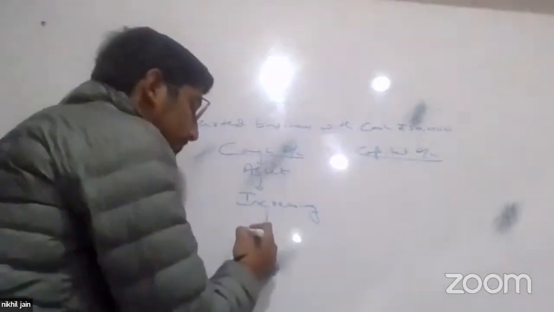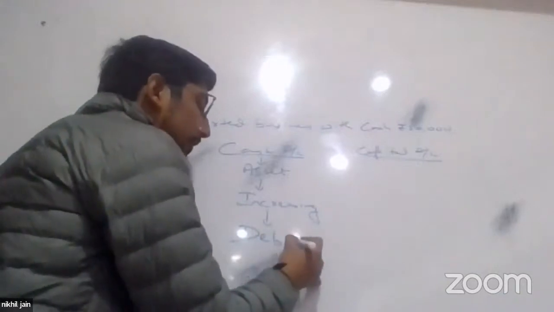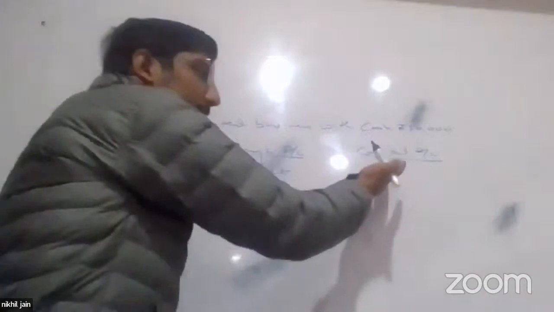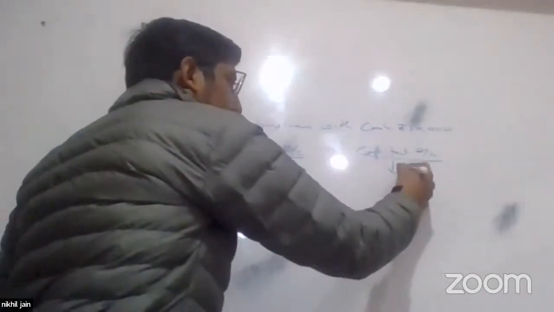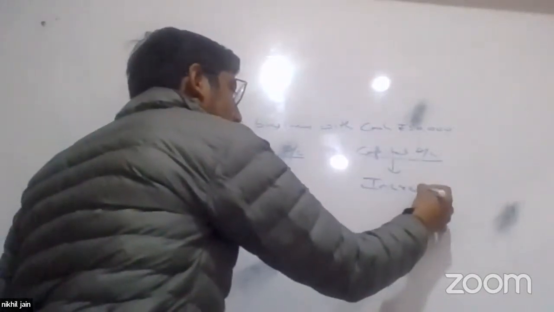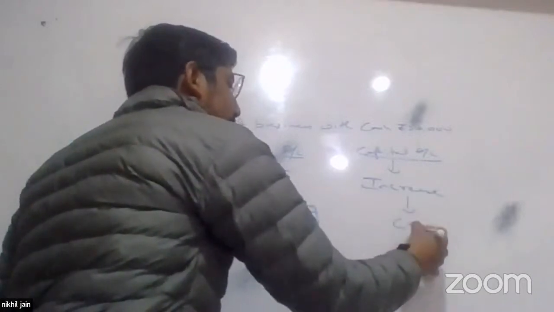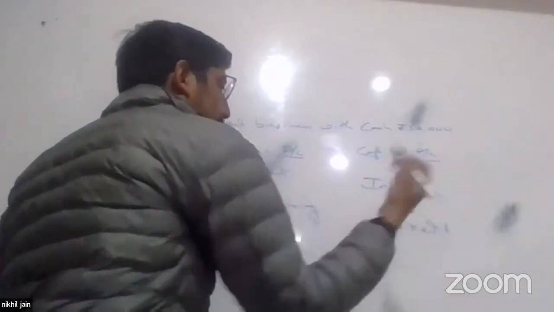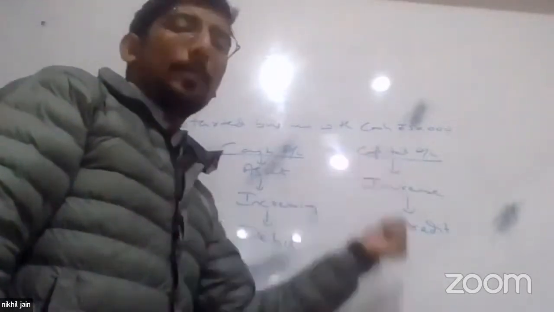So when an asset is increasing, we write it on the debit side. And capital is increasing, so it will go on the credit side. So what will be our journal entry? Cash account debit to capital account.